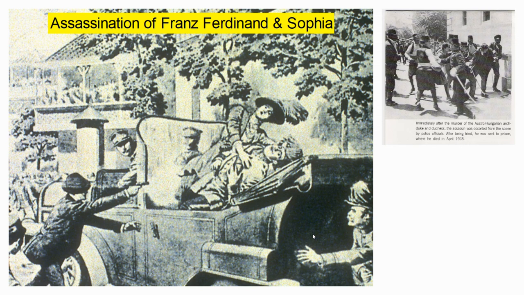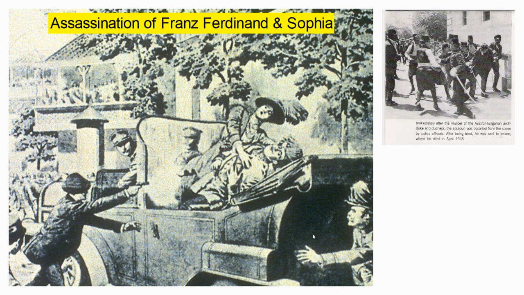The big event that really props up this whole World War is the assassination of Franz Ferdinand, or Francis Ferdinand, and his wife Sophia, who were basically the heirs to the monarchy in Austria-Hungary. They had visited the city of Sarajevo, which was a part of Serbia at this period of time.